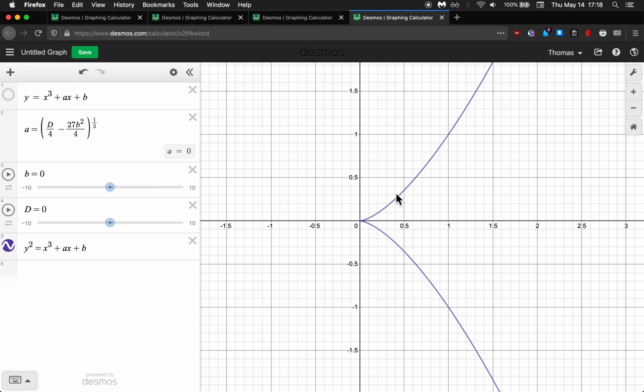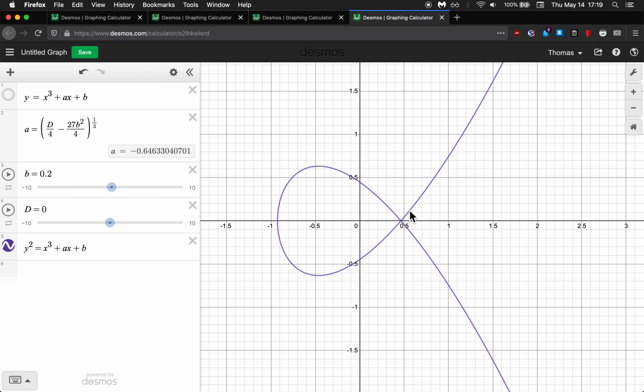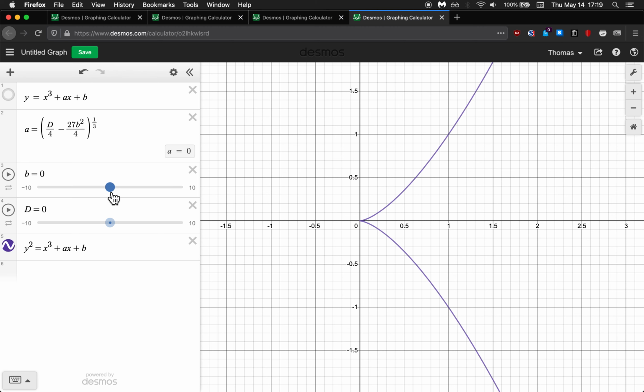So I have this sort of point on the graph, like literally a corner, not an xy coordinate. With a slightly bigger value of b, you can see I've got this extra bulb. The graph comes down here, loops around, and crosses itself. If my b is exactly equal to 0 in this situation, then it just stops at a point right there.